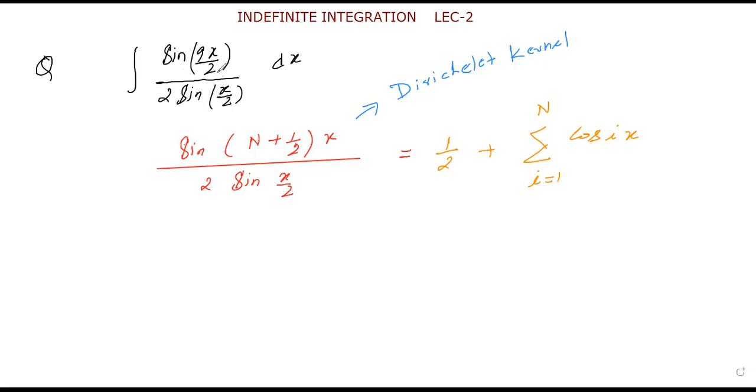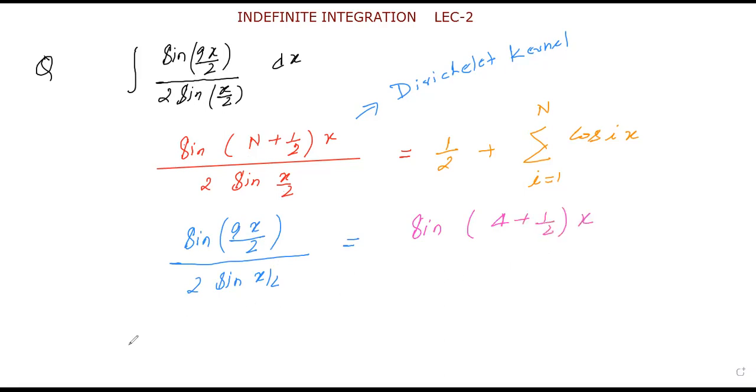Now we have to fit this integrand as per this identity. So we can write sine 9x divided by 2 upon 2 sine x by 2 equals sine of 4 plus 1 divided by 2 into x, and whole divided by 2 sine x by 2.